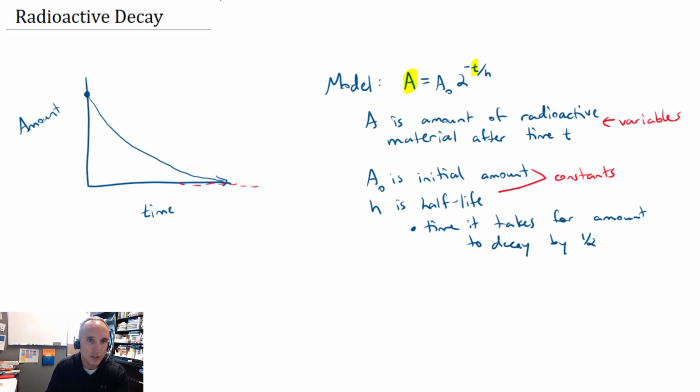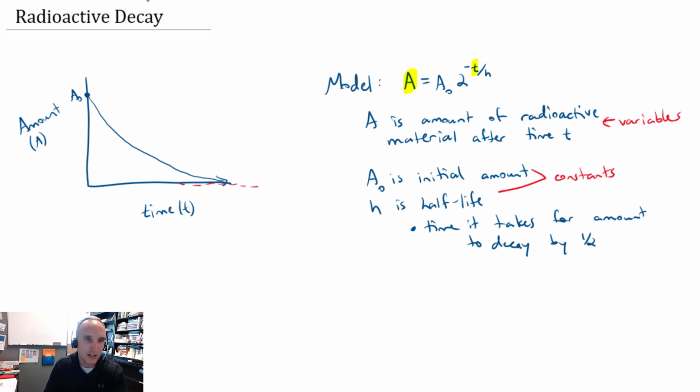So if we look at our graph now, we can see that the starting amount here is A naught, whatever value this is on the y-axis, if you will. And T is what's being measured on the horizontal axis, and A is what's being measured on the vertical axis. What we can't see over here is H. Not directly anyway.